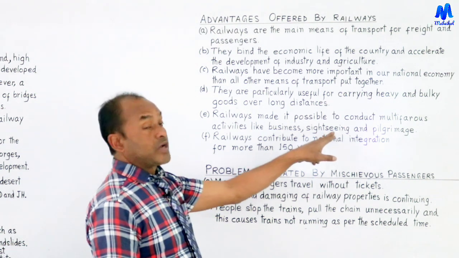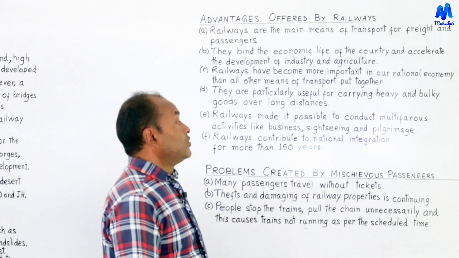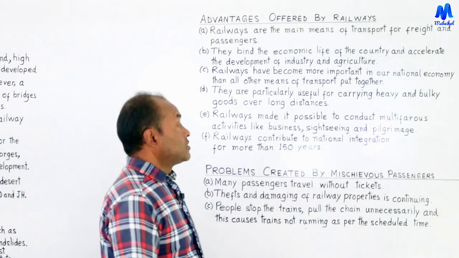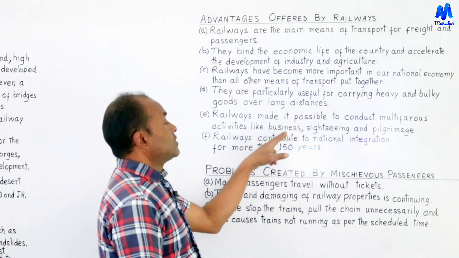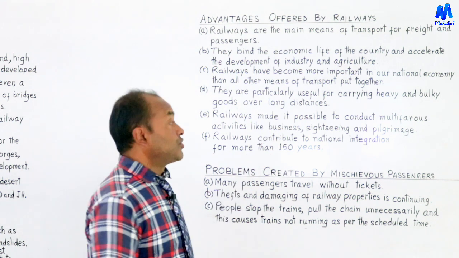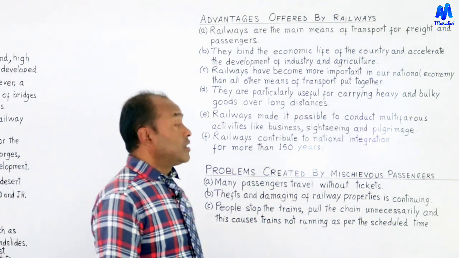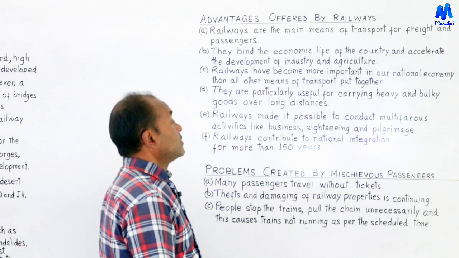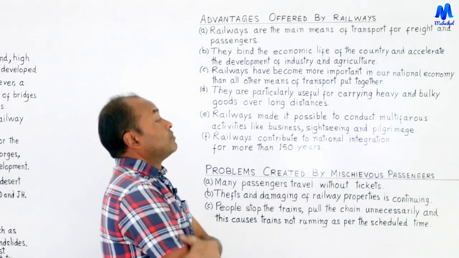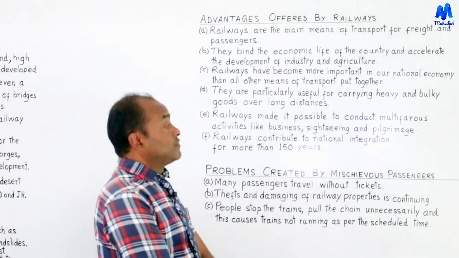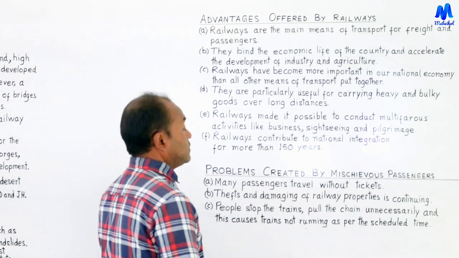When we go sightseeing over long distances, we use railways. And for business also, railways contribute much to our national economy. So that's why they made it possible to conduct multifarious activities.